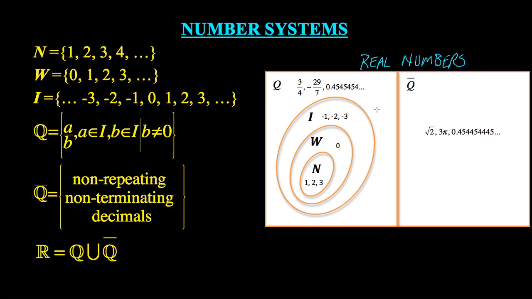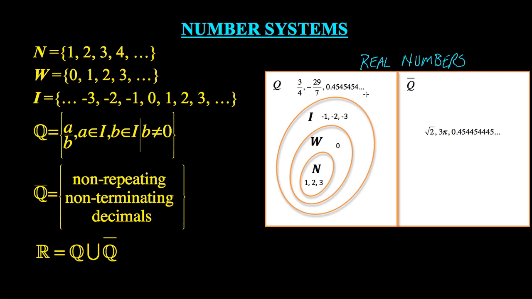Well, if you thought about it, 3 could be represented as 6 divided by 2. Or 30 divided by 10. That would be a ratio of 2 integers. It just happens to work out that there are no numbers after the decimal place. So all of these numbers in N, W, and I can be written in fraction form and therefore belong to the set of Q.